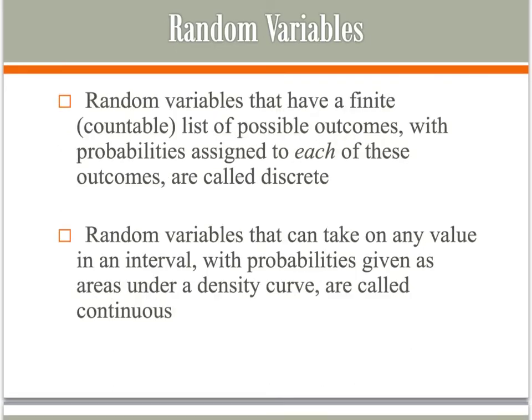Random variables with a finite list of possible outcomes are called discrete. If they can take on any value in an interval, they're called continuous. So with discrete, you can count the outcomes. It could be 100,000, but you can still count them. With continuous, you can't count.